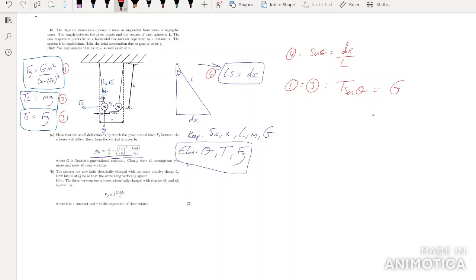Okay, and we can do better than that because we know we don't want sine theta, so we can get rid of it and call it delta x over L. So let's do that: T delta x over L.